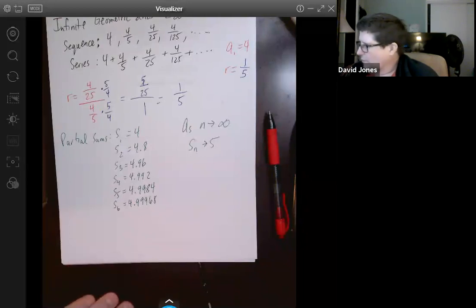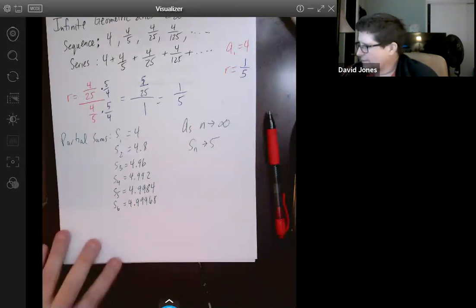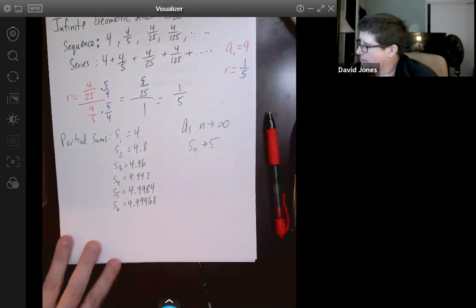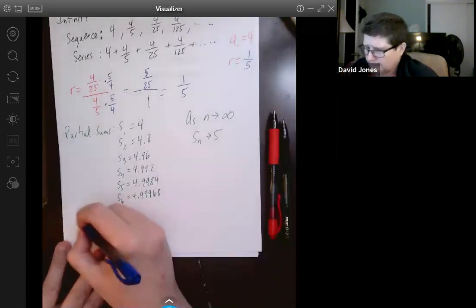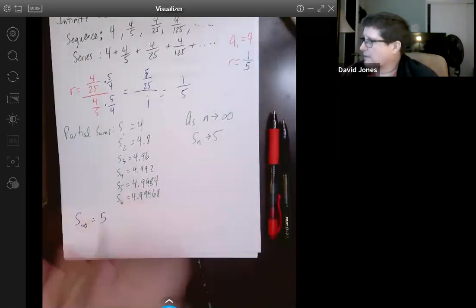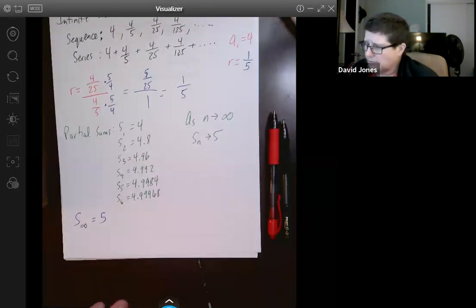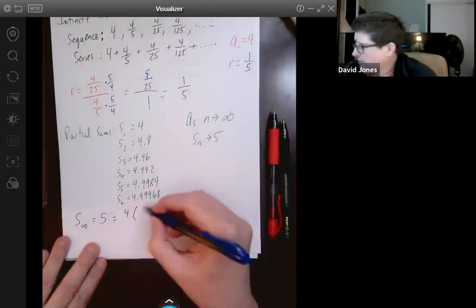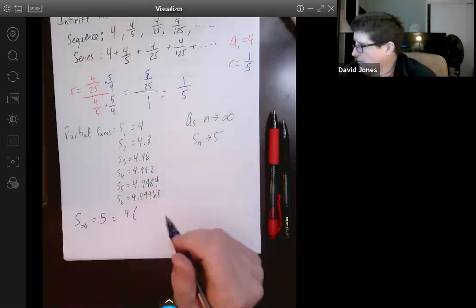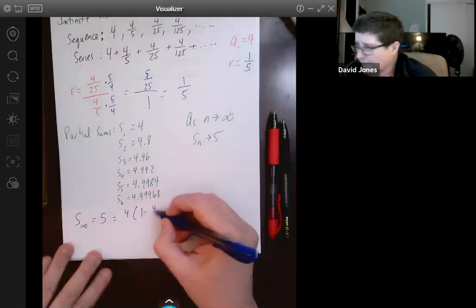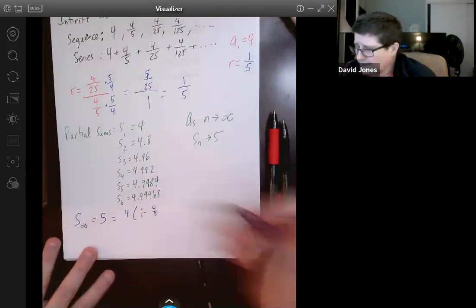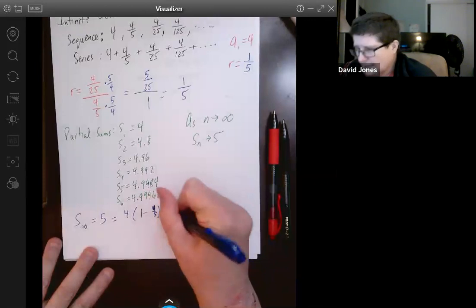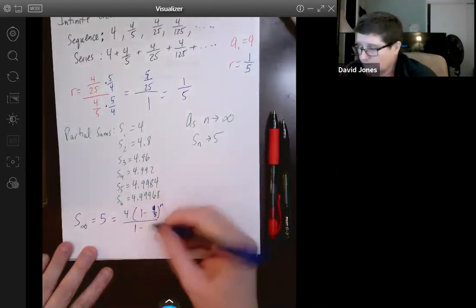And where is that stemming from here? S sub infinity equals 5, which is our first term, 4, times 1 minus 1/5 to the n over 1 minus 1/5.